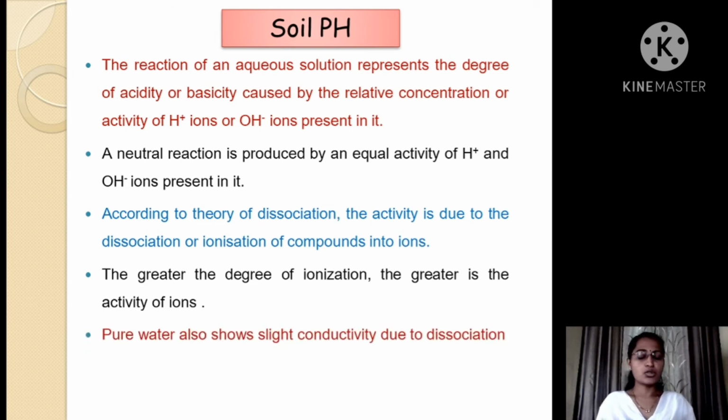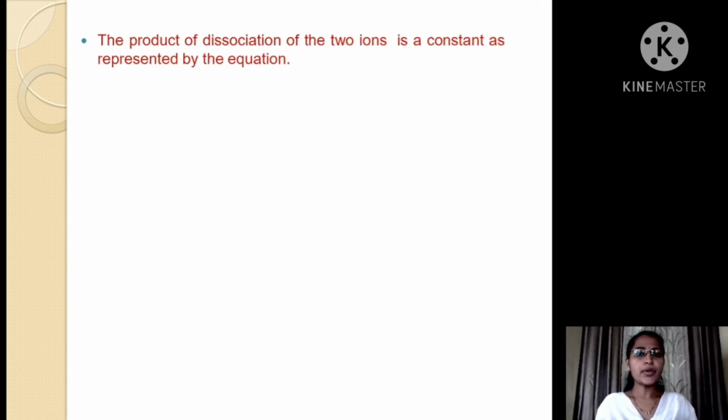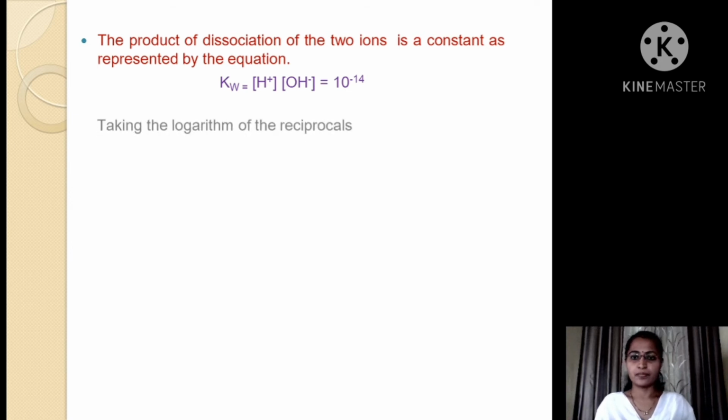Pure water also shows some conductivity due to its dissociation, and water is dissociated as H+ plus OH− ions. Now, the product of the concentrations of the two ions is a constant, as represented by the equation Kw = [H+] × [OH−] = 10^−14.